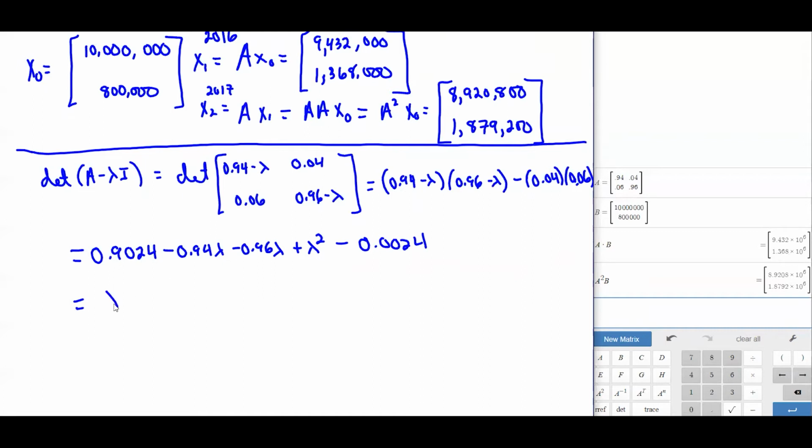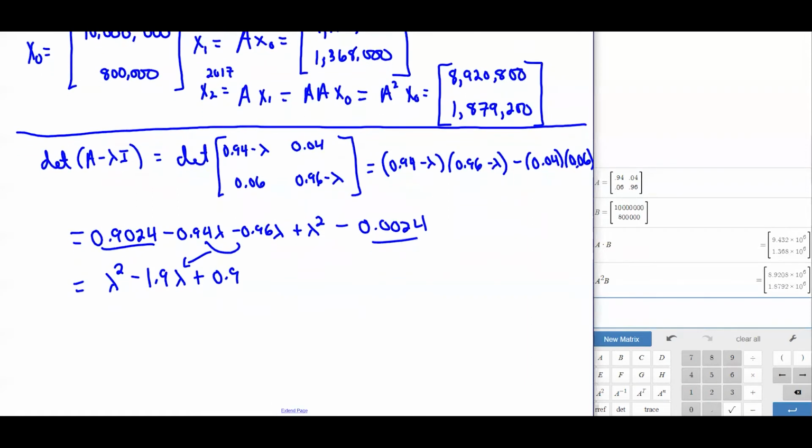So after I simplify, I get lambda squared minus 1.9 lambda plus 0.9. Right, if I take this minus this, you just get 0.9, and I combine these together, I get 1.9. All right, so we set this equal to 0.